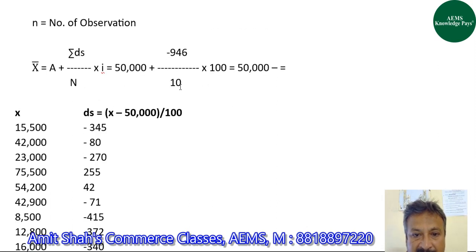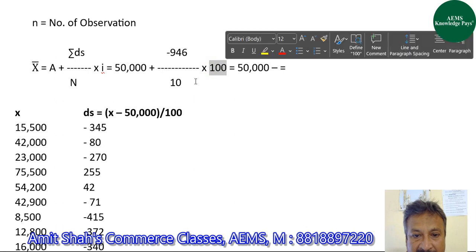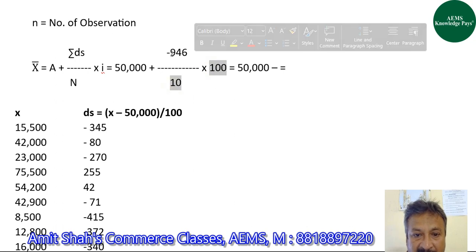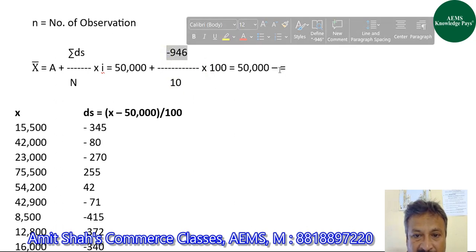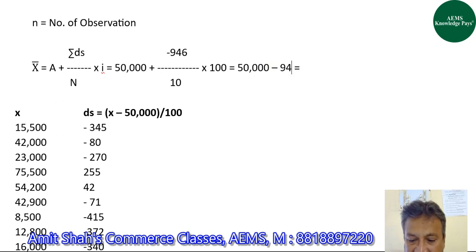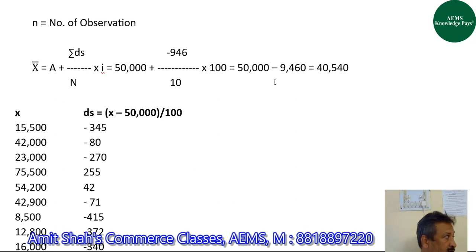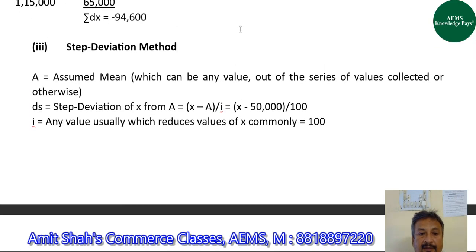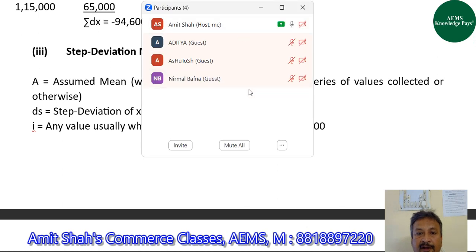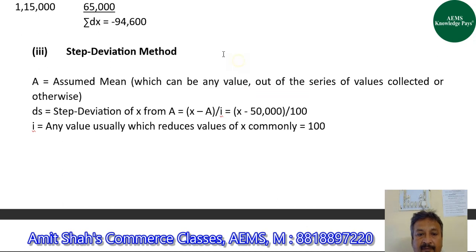So this is 100 divided by 10 is 10, and the 10 will get multiplied with this. So here we will have minus 9,460, meaning it would be 40,540. Have you understood this all? Those who are online, Aditya, Ashutosh, and Manvi. Yes, sir.